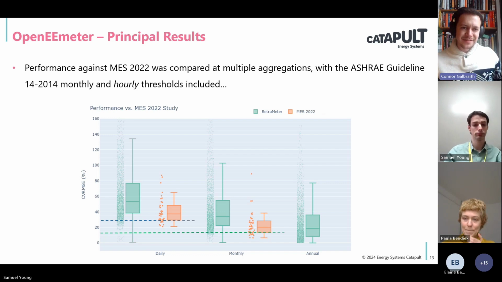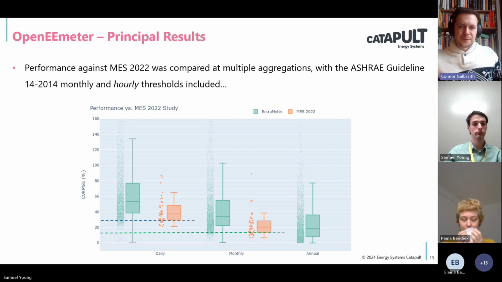So we can see that there's a very high variance in error, particularly for the daily level of aggregation, with a median error of around 50 to 53% for daily.